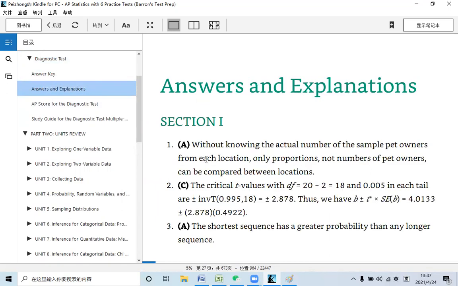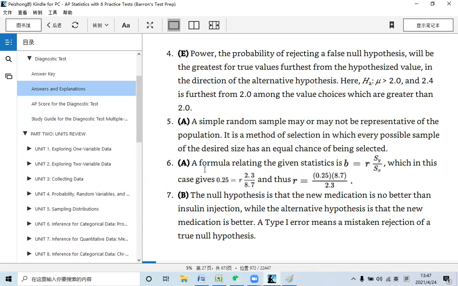Let's look at this one. Yeah, you have to use this formula. That's really tedious.